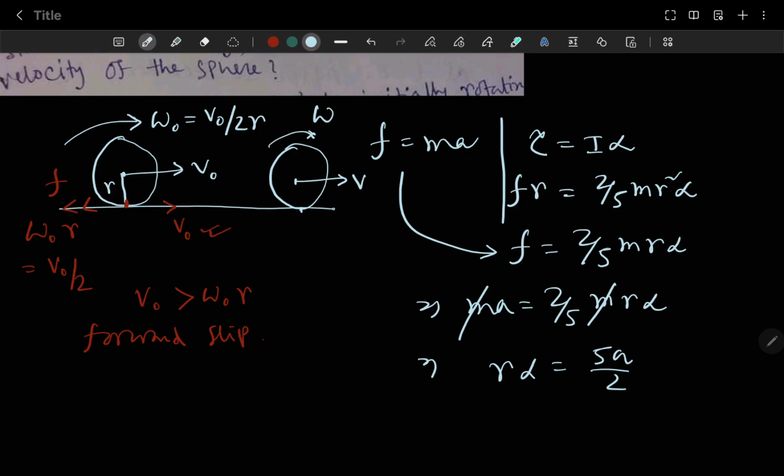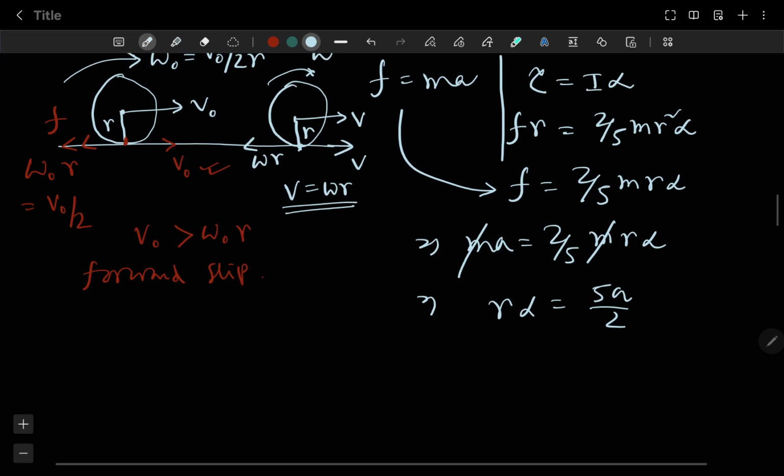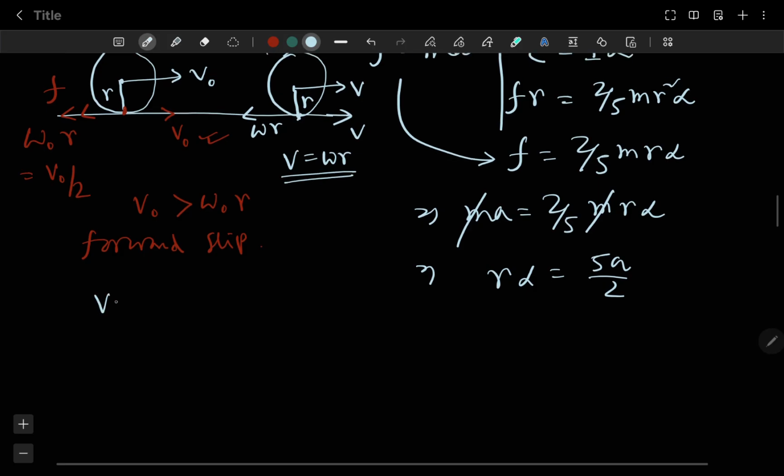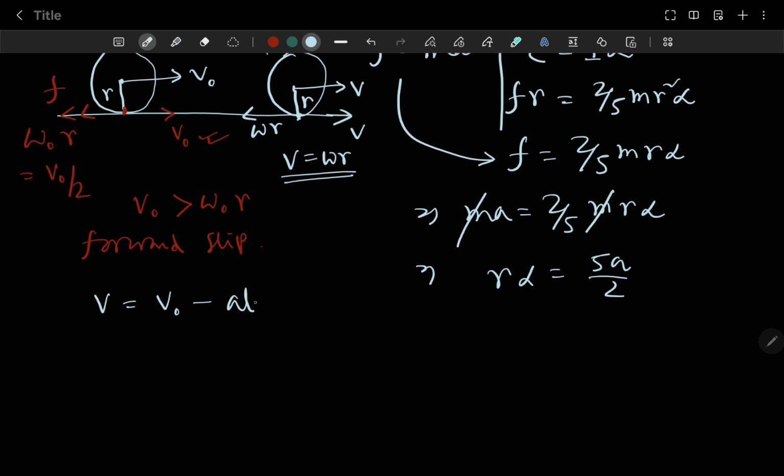As it starts pure rolling, this is v, the bottommost point, and this becomes omega r. So for pure rolling, v equals omega r. Now this is the condition of pure rolling after a time t. So we will write v equals v0 minus at.